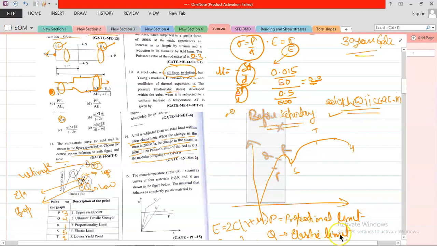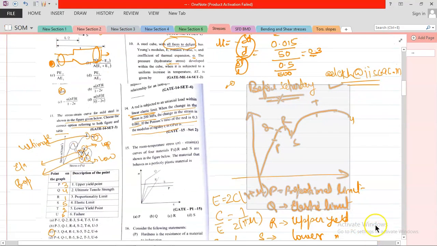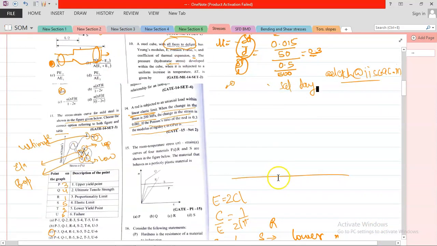Let me erase this. So the question is asking, your change in stress, that is delta sigma, is equal to 200 megapascal, and corresponding to that the change in strain is 0.001, and the Poisson's ratio is given as 0.3. Then what is the modulus of rigidity?